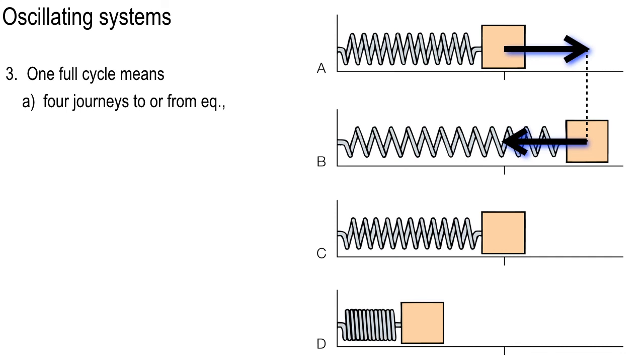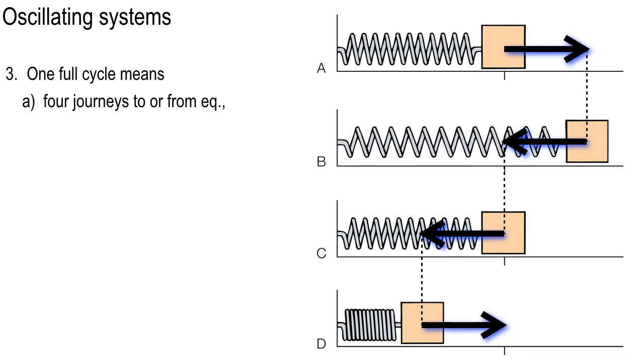But guess what? Once you hit equilibrium, you're going to start getting a rightward force because you're compressing the spring. So once you get to equilibrium and start moving over to the left, your force is going to be back to the right. So when you get to max compression here, you have maximum rightward force, and guess what happens?